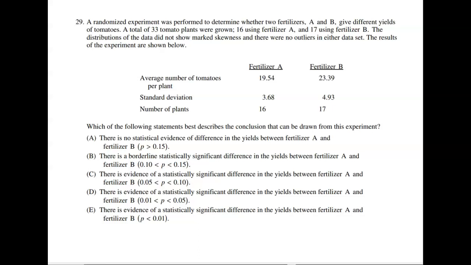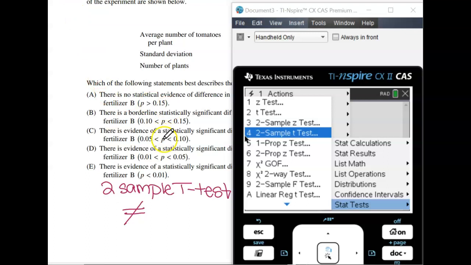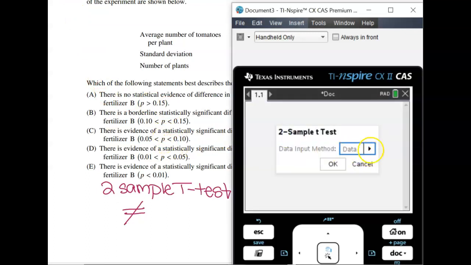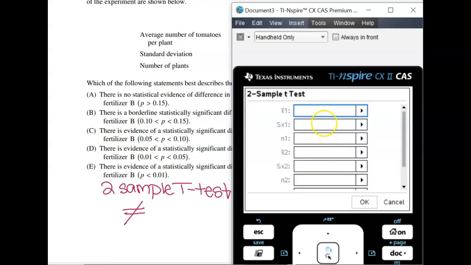So if we look at our different options, we could do a two-sample t-test. This is two samples, and we're talking about mean number of tomatoes, so we're looking at the x-bar. We don't have a population standard deviation, so in this case it would be a two-sample t-test. If we go to stats tests and click on two-sample t-tests, we don't have the data, but we do have the stats, so I'm going to change that.